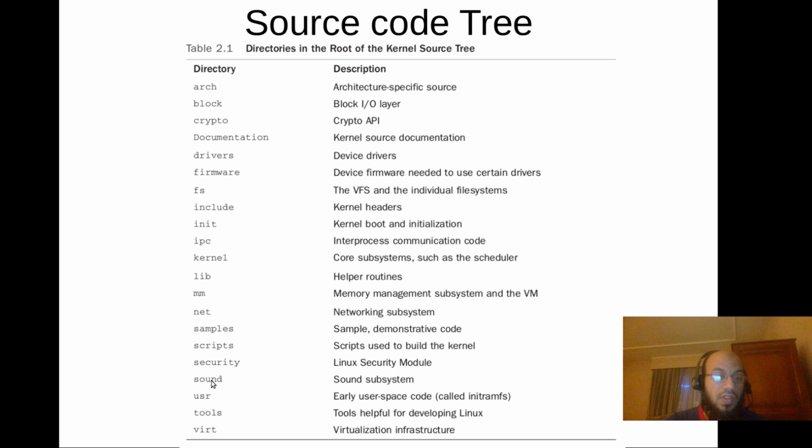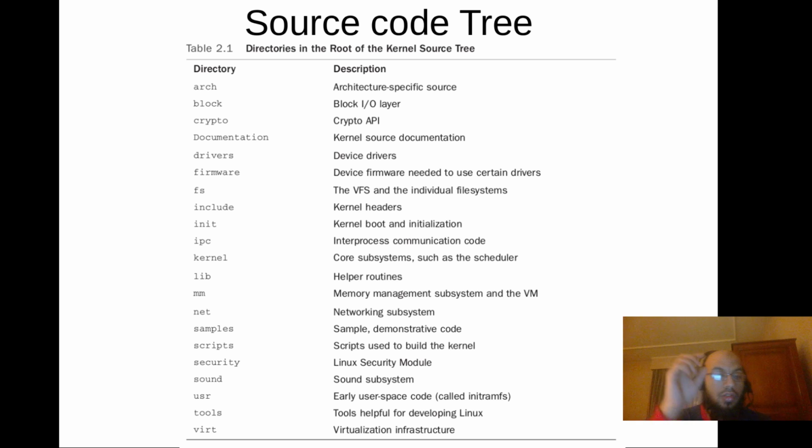Then you have the sound subsystem, and that's a big thing also in Linux. Then you have the user space code, that is in usr. You have some tools that are helpful for writing Linux. You can look at this folder also for tools that can help you to basically have a working dev environment.